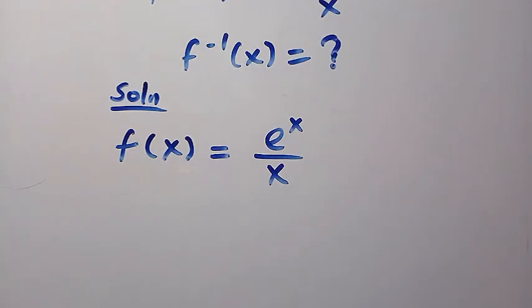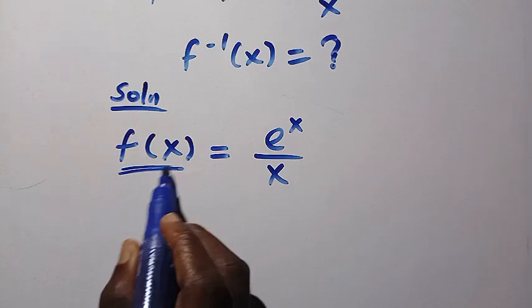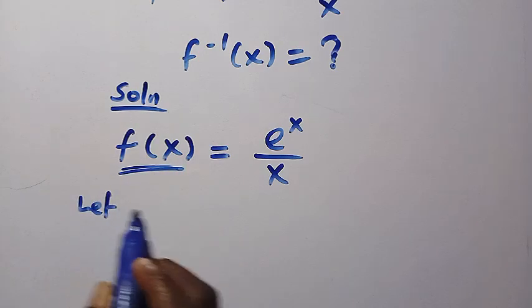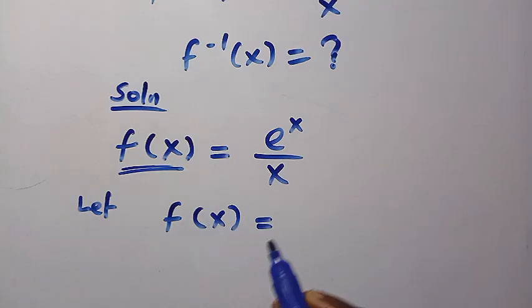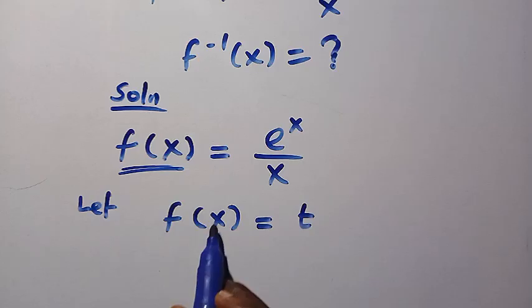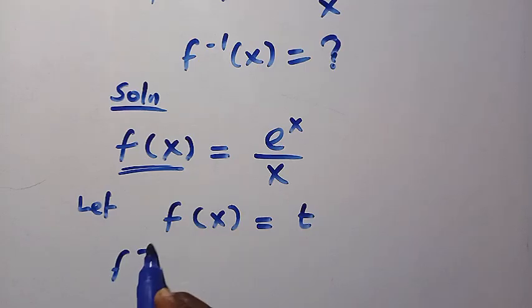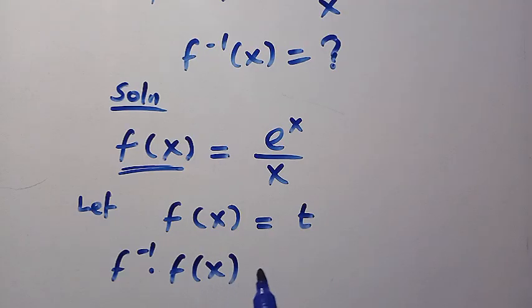So what we do first is, suppose I let f of x equal another letter. If I choose t, for instance, and I want to make x the subject of the formula, we multiply both sides by f inverse, as we have f inverse multiplied by f of x equals f inverse of t.